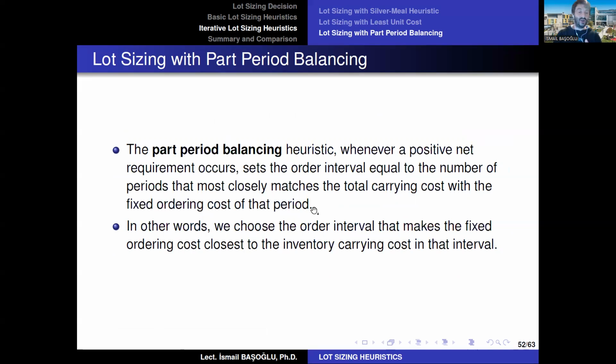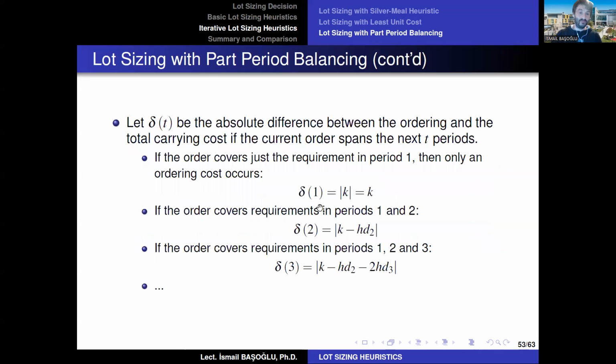So again, we are going to have an iterative method. We are going to consider what happens if our order is to span the demand of the following T periods, but we are going to base our decision on the difference between the ordering cost component of our cost and the carrying cost component, okay?